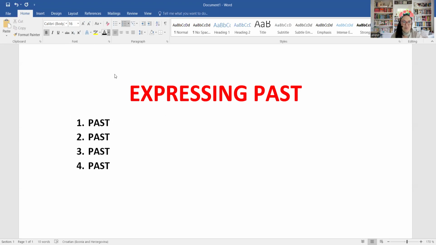The first one, of course, is past simple. Then we have past continuous, and we have past perfect simple and past perfect continuous.